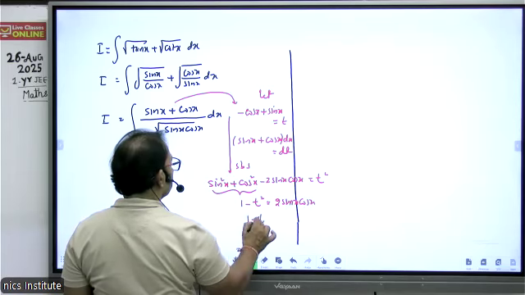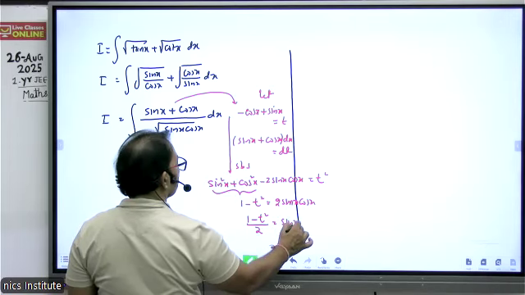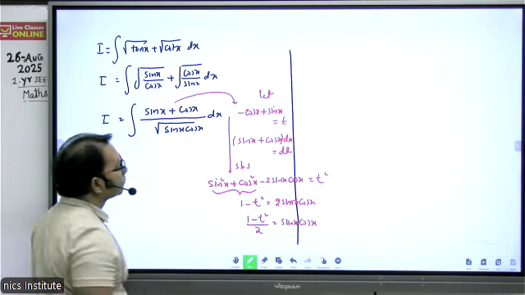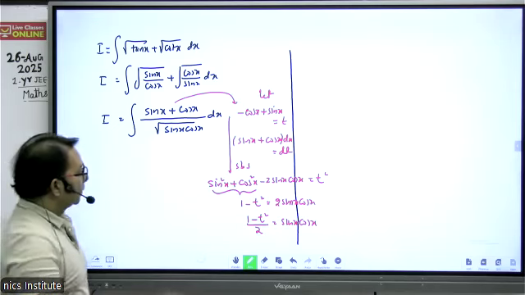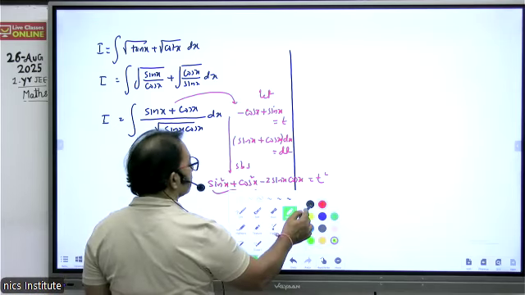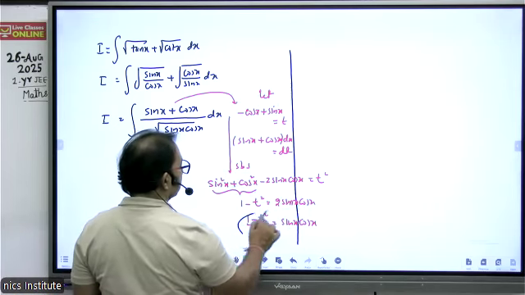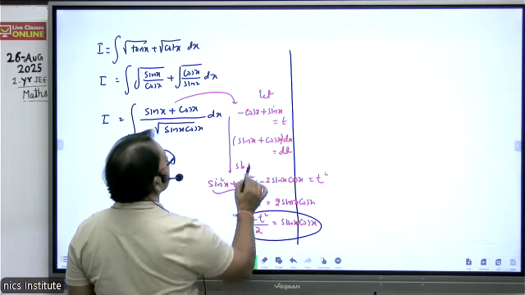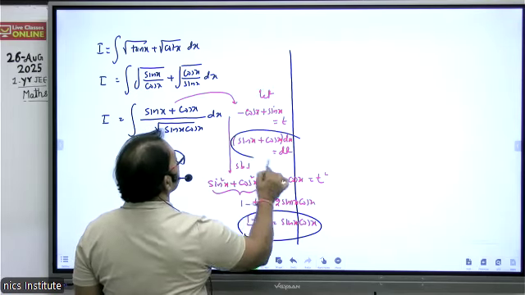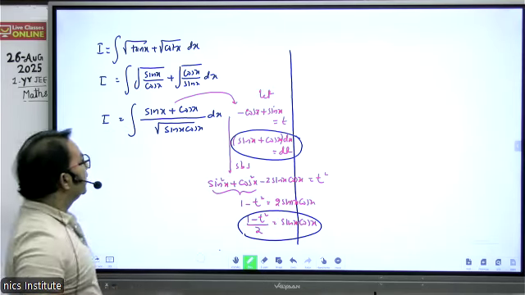So 1 minus t square by 2 is sin x cos x. Now you make these two substitutions. Sin x cos x is this, and sin x plus cos x dx is dt.